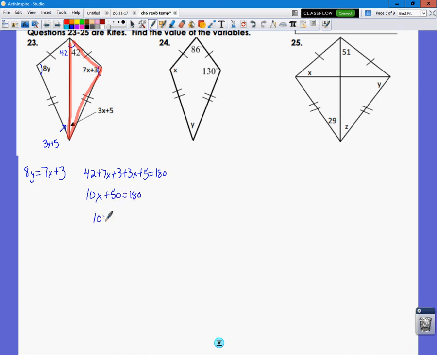Subtracting 50, 10x is equal to 130, which means x is equal to 13. And I can come over here and plug that in. 8y is equal to 7 times 13 plus the 3. So 8y is equal to 94. And if I divide by 8, y is equal to 11.75.